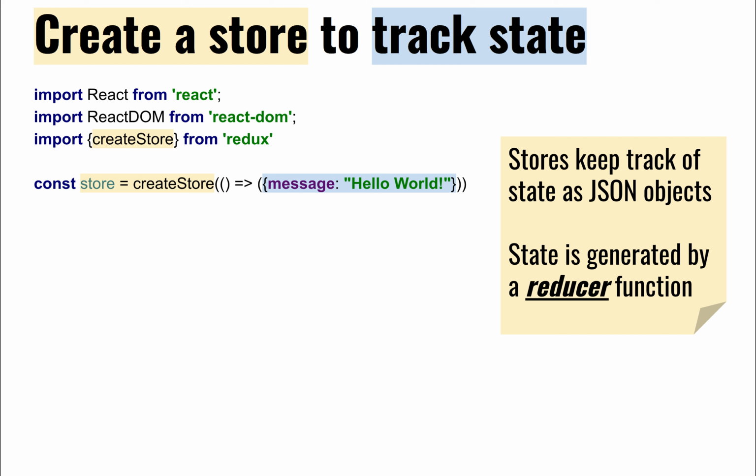Okay, the create store function is from the core Redux library. So the core Redux library creates the store out of the reducer. The reducer function generates a stream of state objects, as you interact with it, as you delete, as you add, as you modify things.